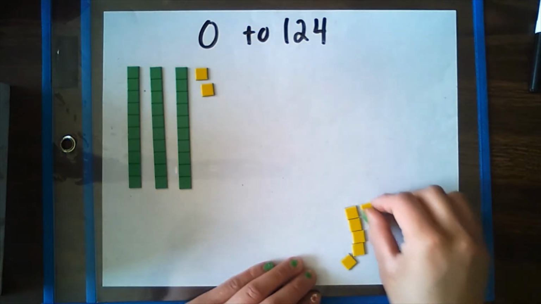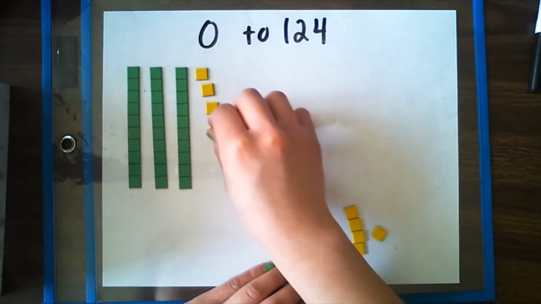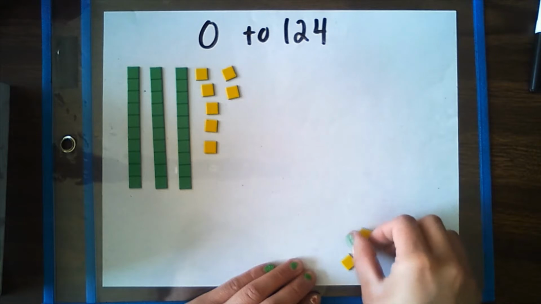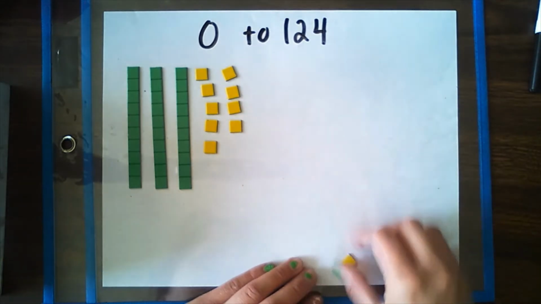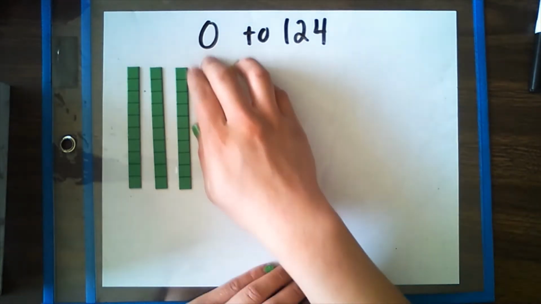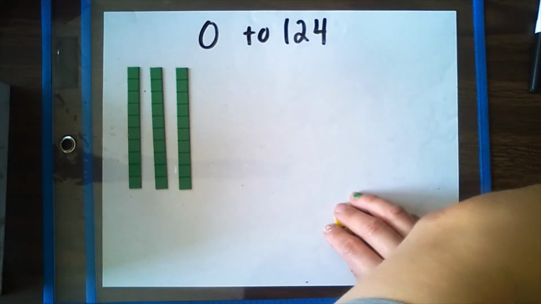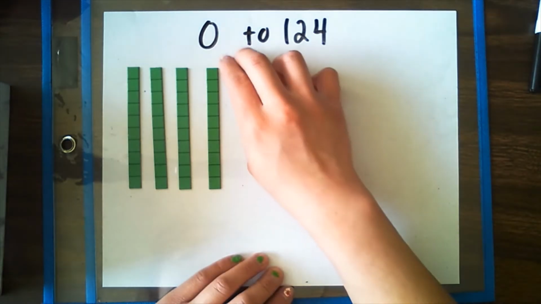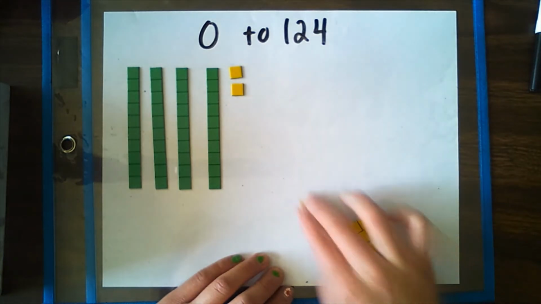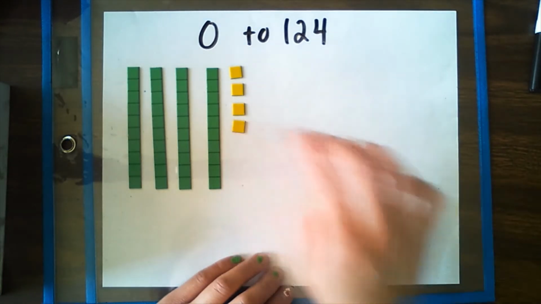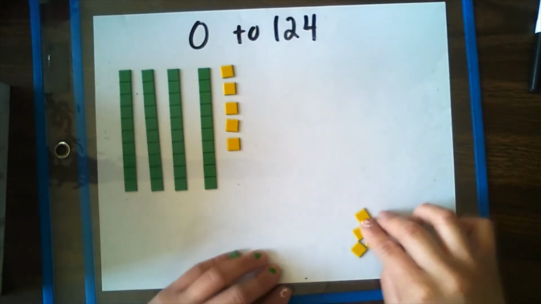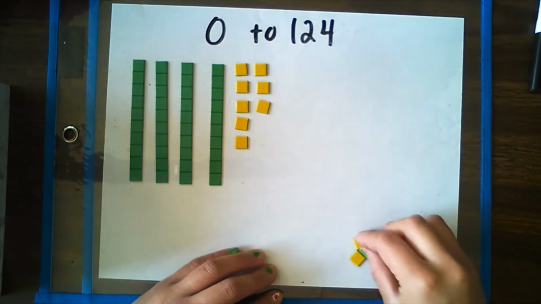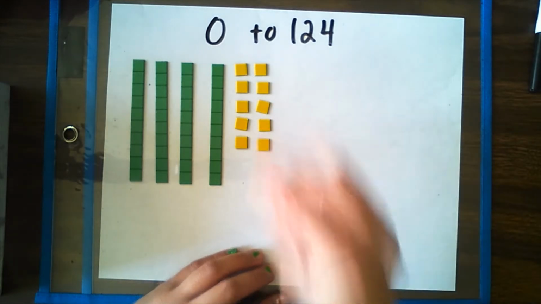31, 32, 33, 34, 35, 36, 37, 38, 39, 40. Okay, that's another bundle of 10. 41, 42, 43, 44, 45, 46, 47, 48, 49, and 50.